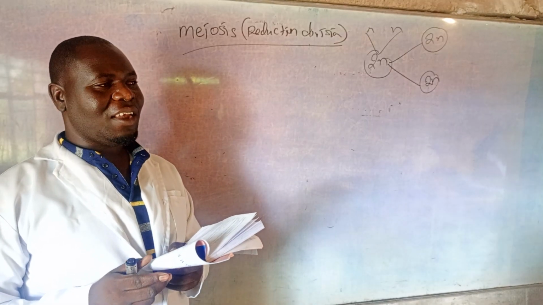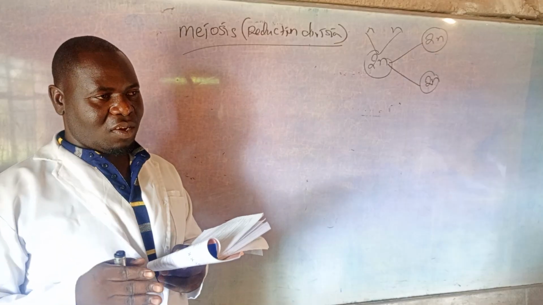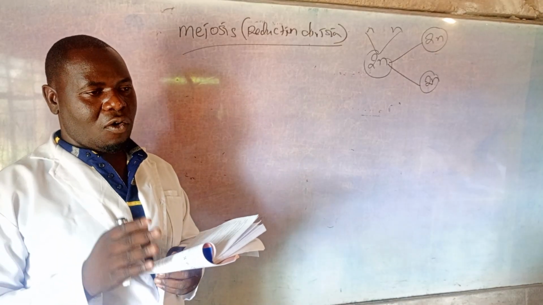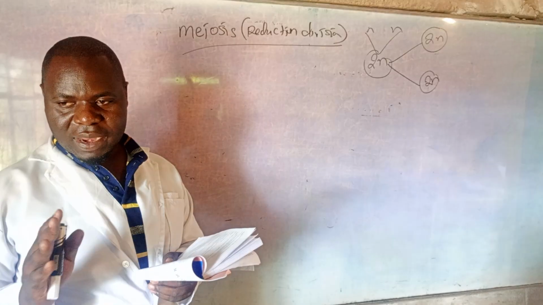So in short, one parent produces 4 daughter cells which are different from the parent.